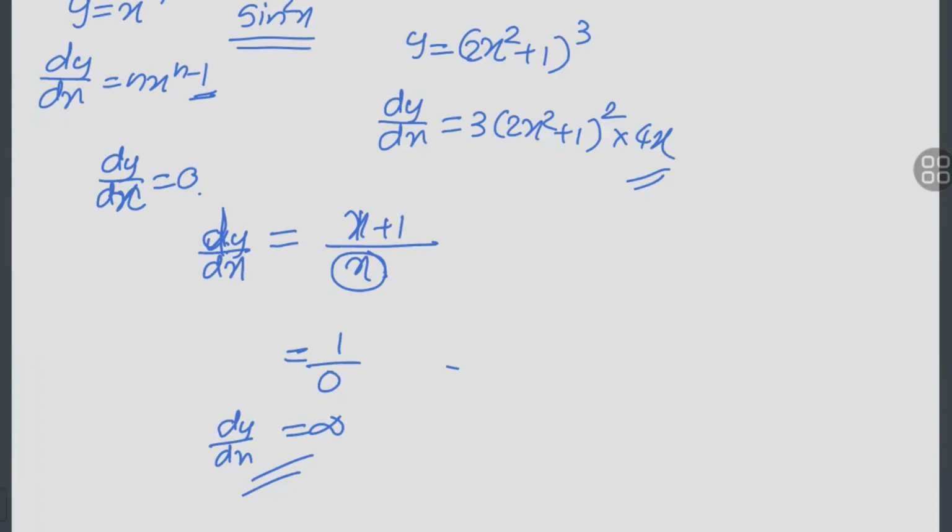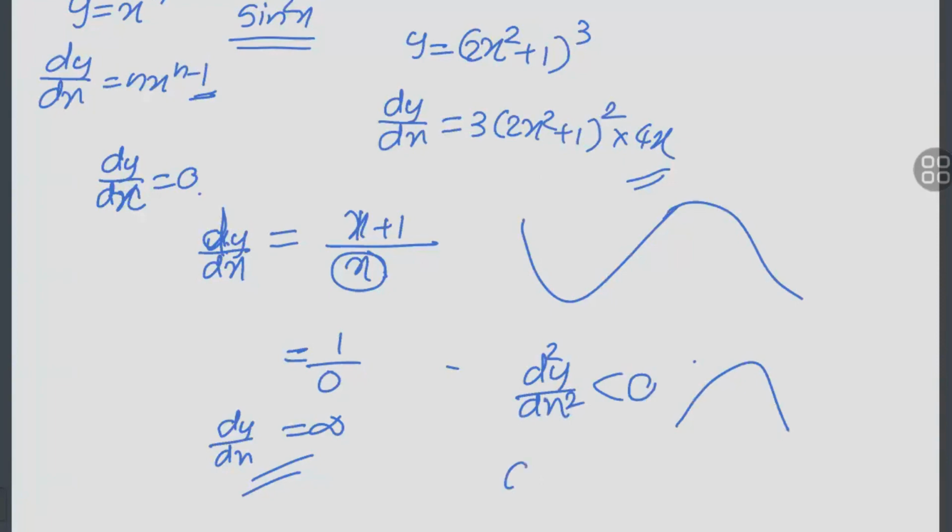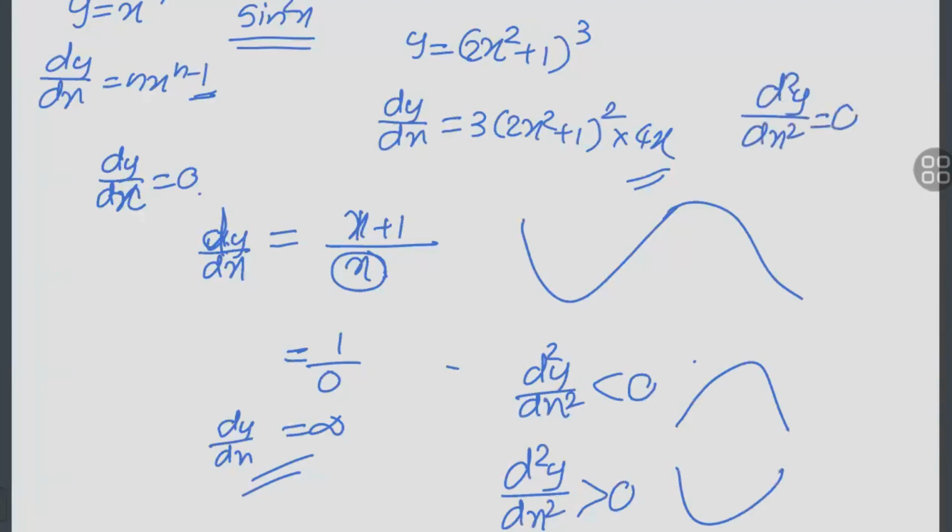Chain rule you should know, normal differentiation you should know, then maximum minimum point you should know. dy over dx, d2y over dx squared less than 0, you are getting maximum. d2y over dx squared greater than 0, you are getting minimum. d2y over dx squared equals 0, you are getting inflection point, right? This way or this way.